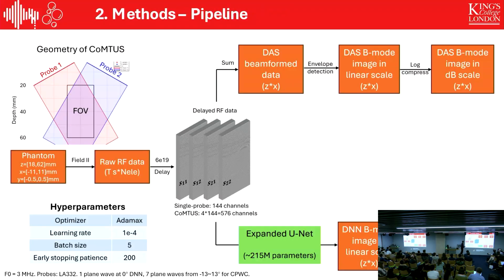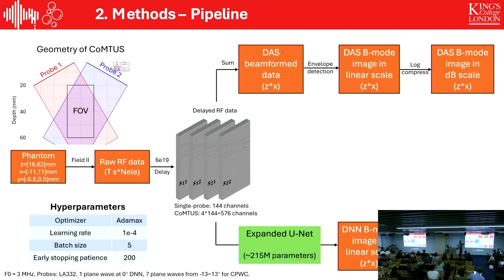This is the pipeline of this study. We create the phantom, then we use the simulation, Field II simulation, to get the raw RF data. This is the geometry of COMTUS in our simulation. With the raw RF data, we apply perfect delays here. We get 4 data sets. In these 4 data sets, the COMTUS data sets, we have 576 channels.